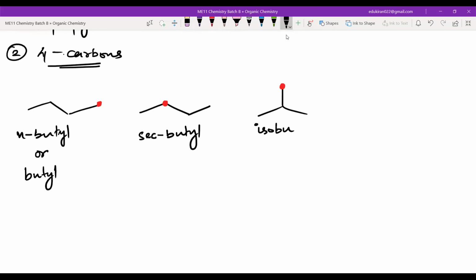I hope you can see the difference between isobutyl and isopropyl. So isobutyl has 1 carbon more, nothing else. Now, if the same fragment is attached by this carbon atom, which is in the center, this would be named as tertiary butyl.